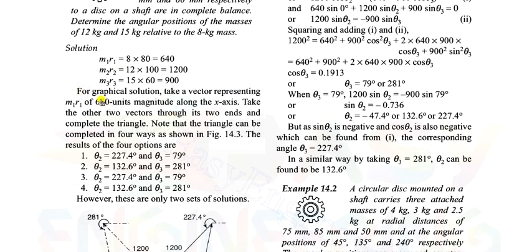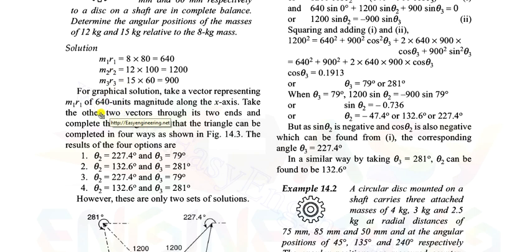In the graphical method we take some scale. For example, 640 units is the first force. It's not exactly a force, but we will call it force because it is m1 r1 omega square.